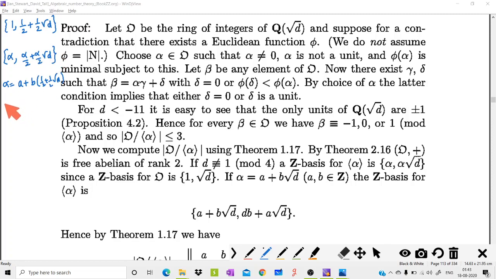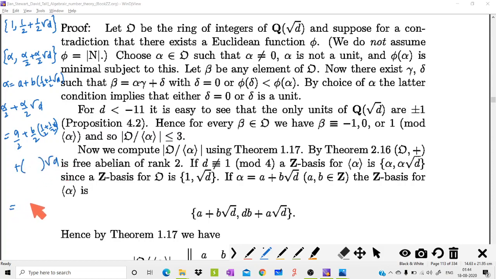That is obtained by taking alpha times 1 by 2 plus 1 by 2 root d, that is, a by 2 plus b by 2 times the bracket, plus this quantity times root d.